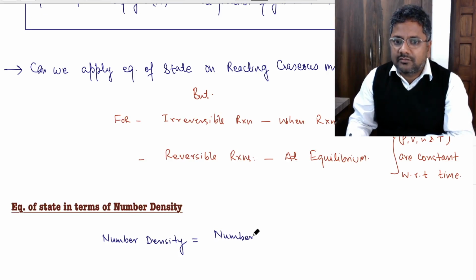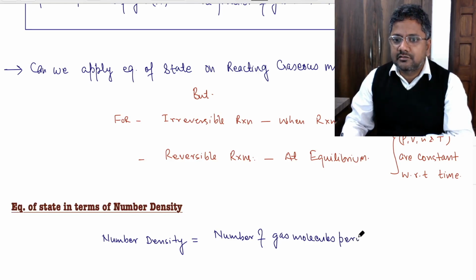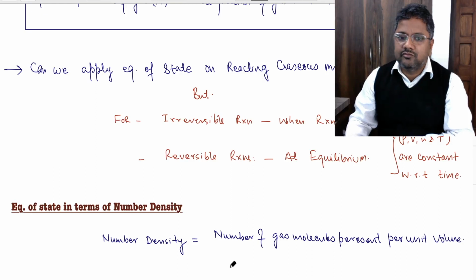Number density is equal to the number of gas molecules present per unit volume.